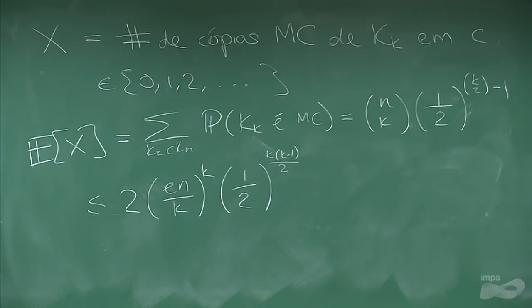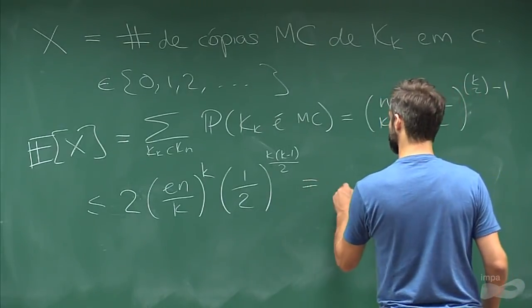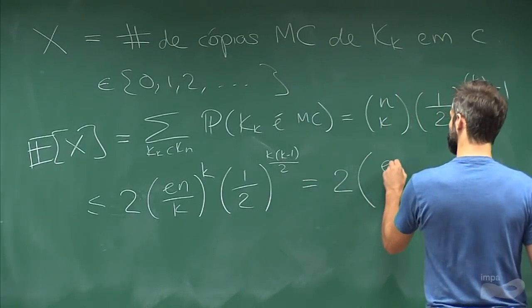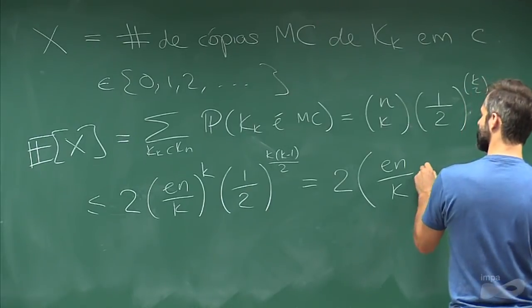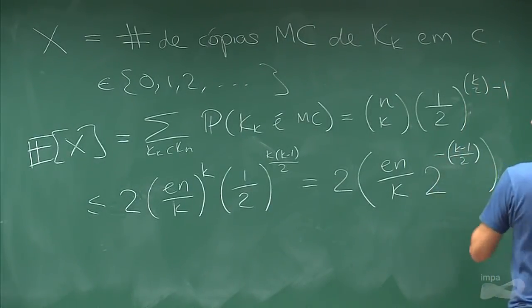That didn't look like it helped us that much, except now we have two different things that are both to the power k. So let's put them together. This is 2 times e n over k, times 2 to the minus k minus 1 over 2, all to the power k. So just rearranged.